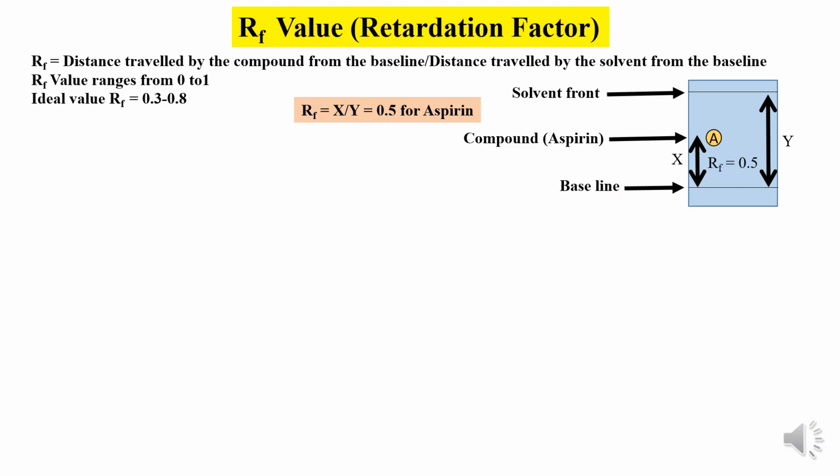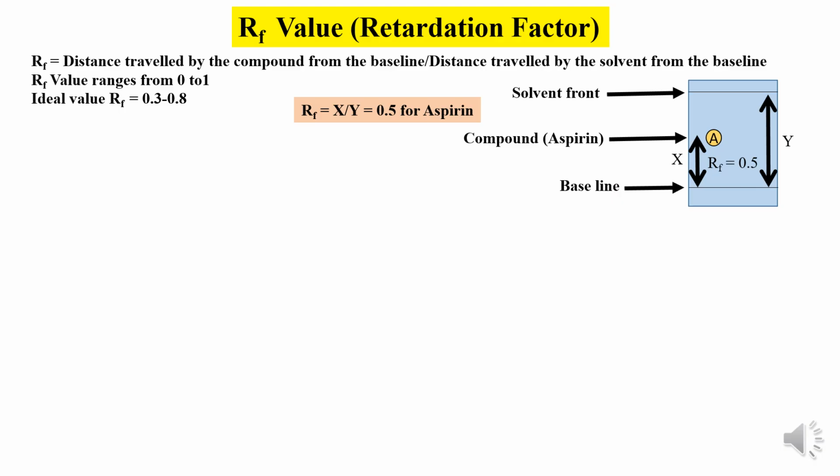So when you are trying to compare the RF values for a standard compound, make sure that you compare the combination of mobile phase that is used for that particular separation. Because as I already mentioned, RF value is constant for a given combination of stationary and mobile phase, and it varies with the mobile phase that is used for the separation.